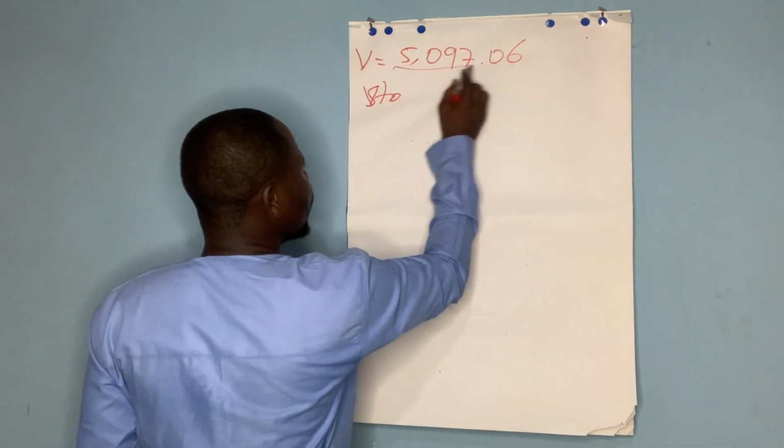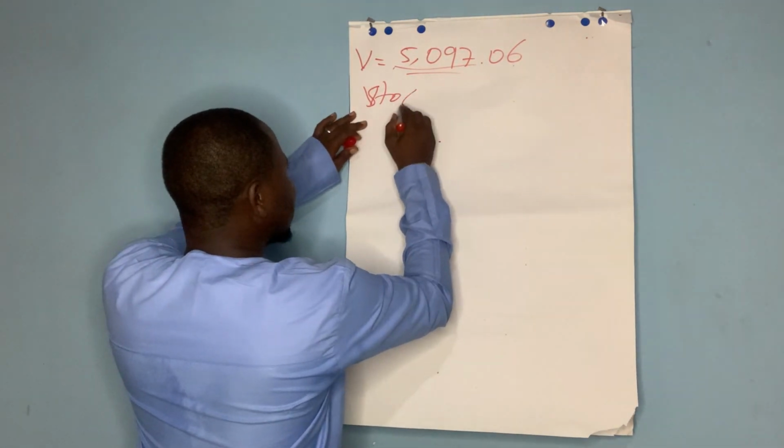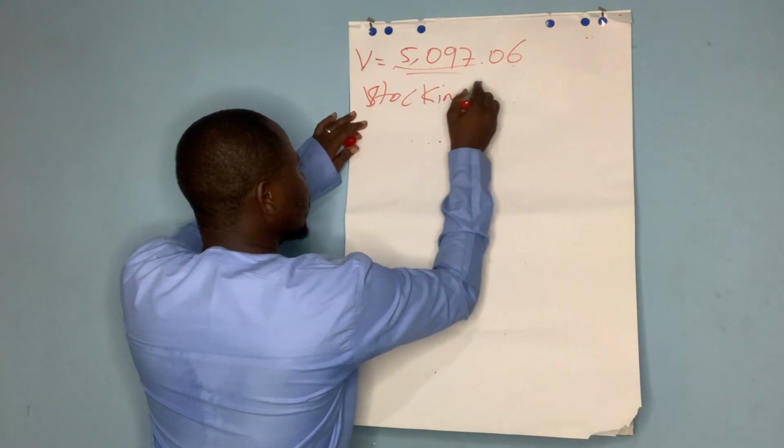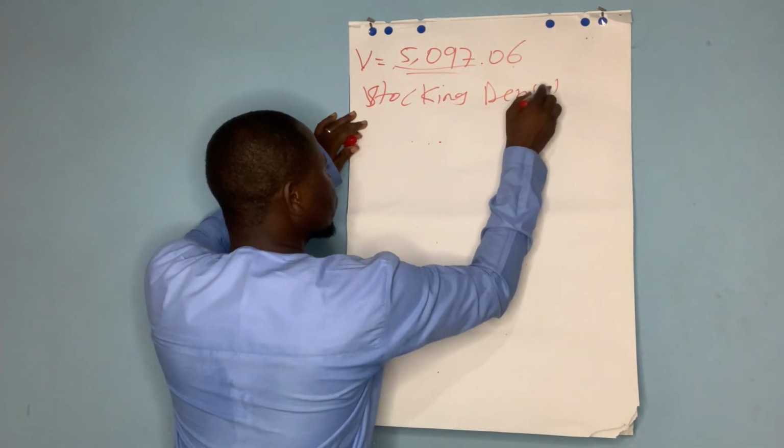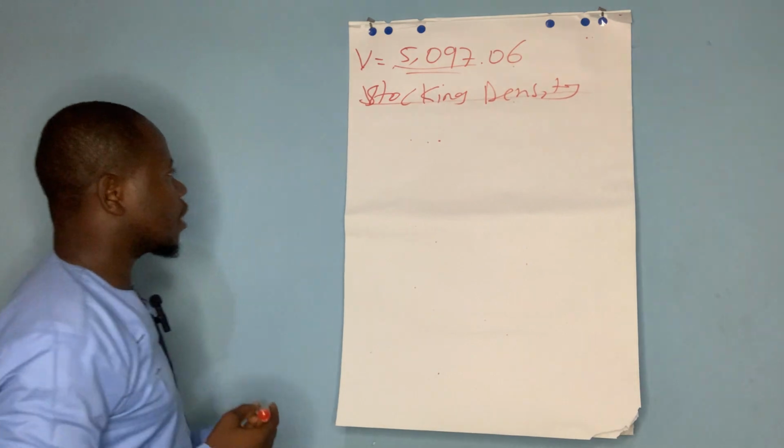So this is our volume of the water. We are now going to calculate the stocking density.